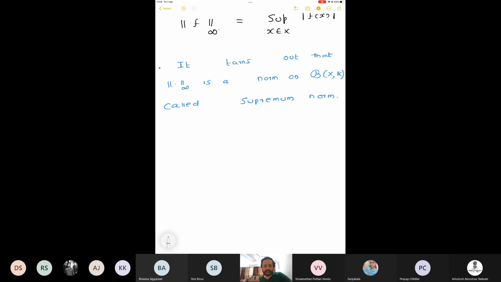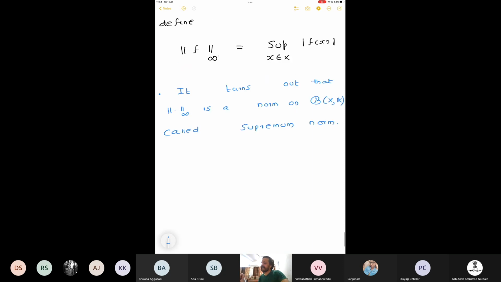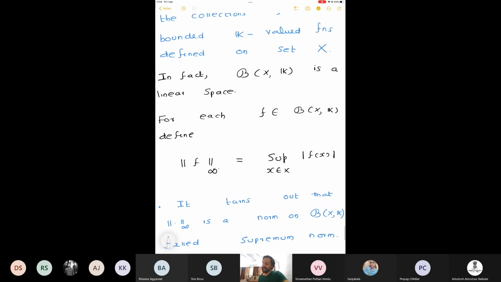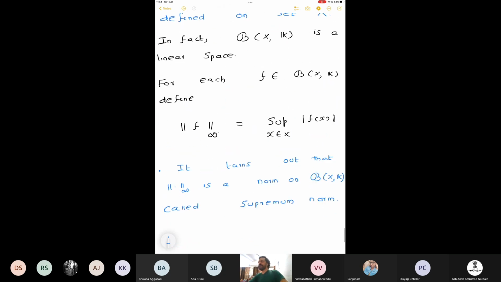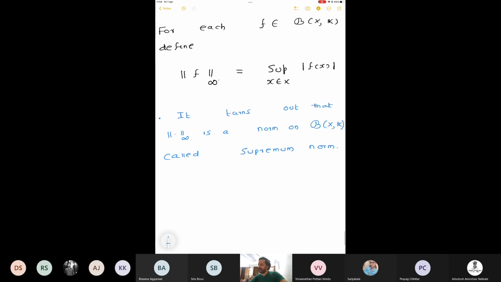So far so good. This is nothing connected with measure theory. This is just classical analysis and linear algebra. I collect all functions that are bounded and defined on the same set, note that it is a vector space, and then define a norm on it by looking at the supremum. So far so good.